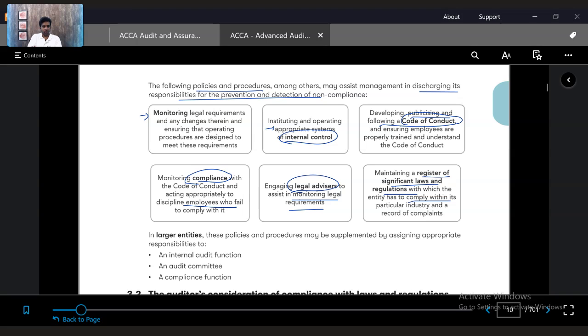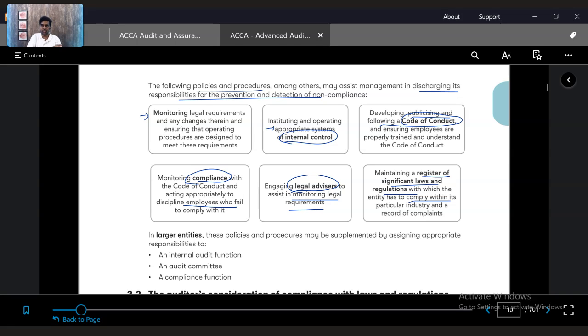So in a nutshell, monitoring the legal requirements, developing and following a strict code of conduct, and disciplinary actions for teams or employees who fail to comply are the major responsibilities in relation to the prevention and detection of non-compliance. In larger entities, they will have a sizable number of employees to help them maintain these laws and regulations.